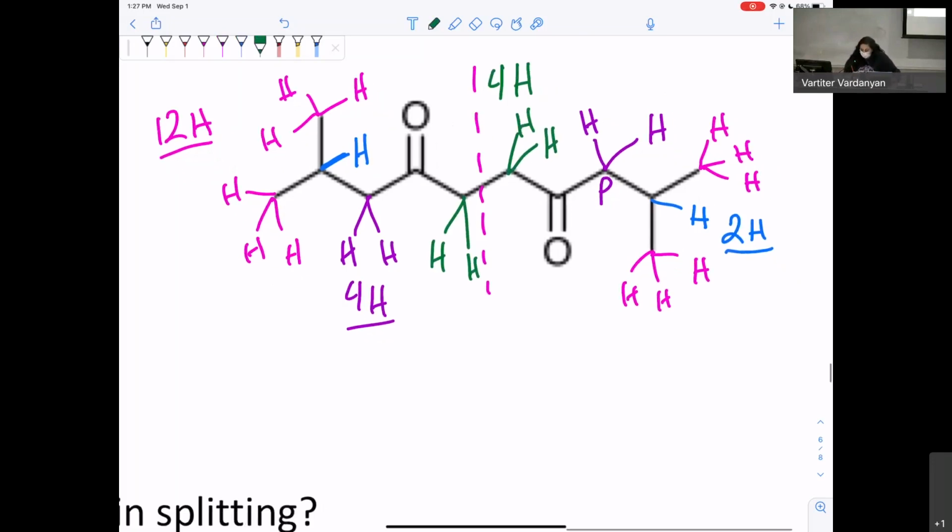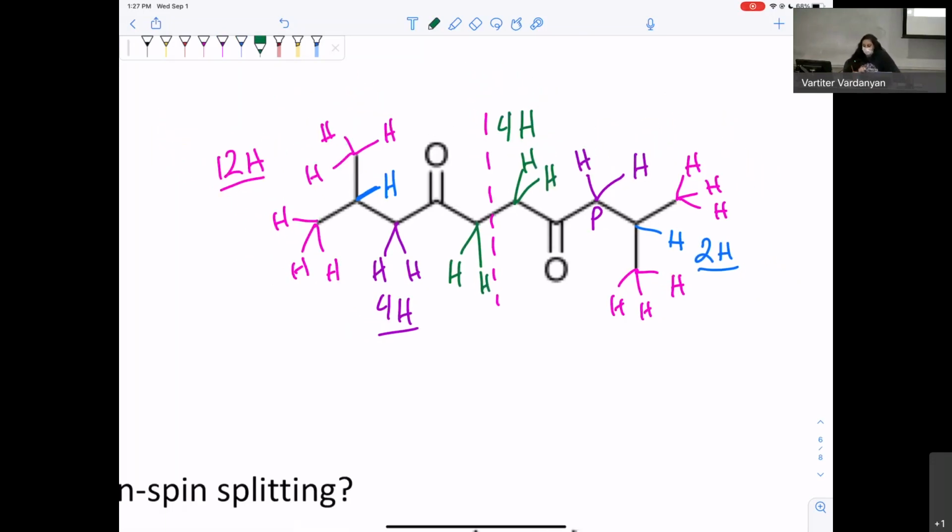Okay. So let's start with the pink one. How many bonds can we travel to find a neighbor? 3, exactly. So 1, 2, 3, that counts as a neighbor. Is anything else within 3 bond lengths?